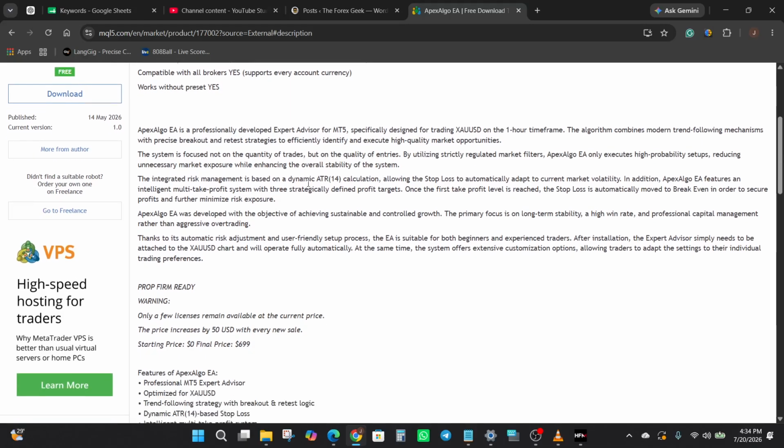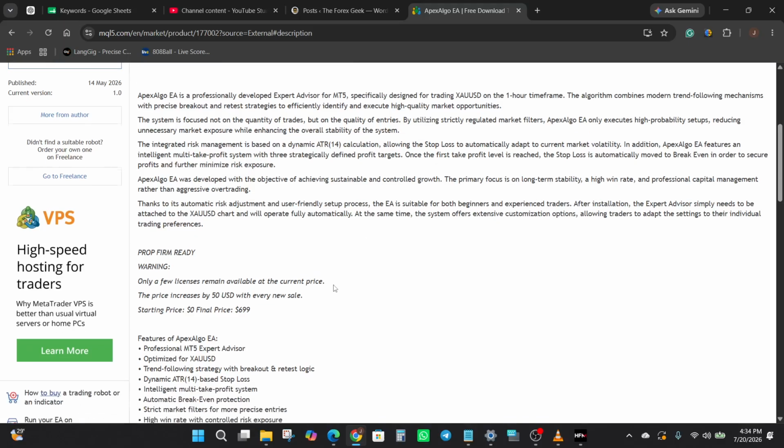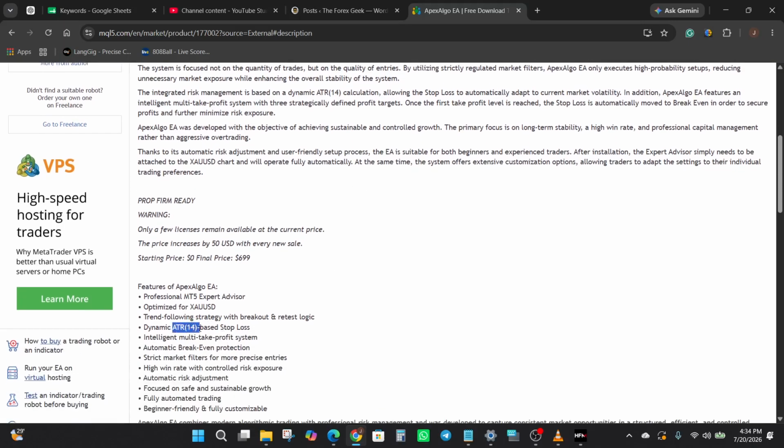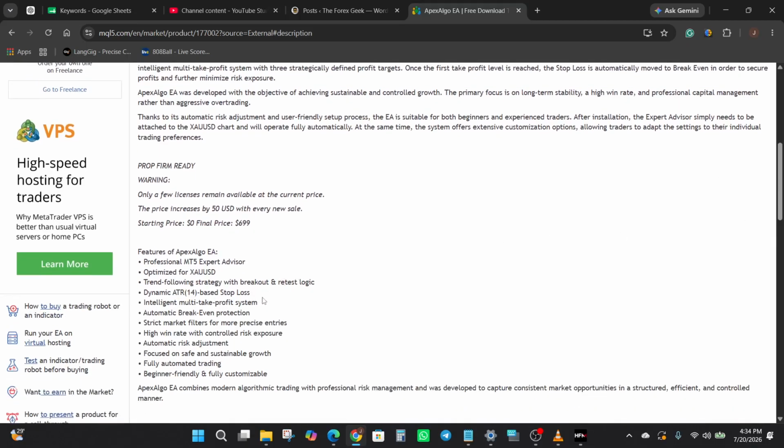Now, moving into the EA itself, it comes with automatic risk adjustment using ATR 14, intelligent profit targeting, and options for customization like EMA filters and trend confirmation from higher time frames.